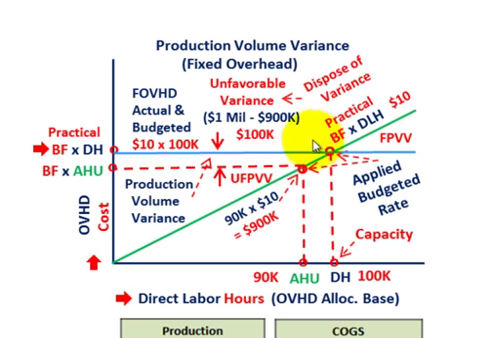So if you just trace out your lines and do your arithmetic, you have to come up with either unfavorable or favorable production volume variances. Favorable is anything where you produce above the amount you established for your fixed amount. Unfavorable is anything below that fixed amount.